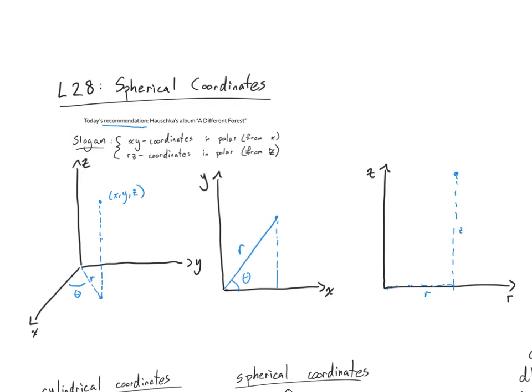The rz plane is this slice at the angle theta from the x-axis, so along that plane I'm trying to describe what's going on. The way we do spherical coordinates is we do polar here, but polar from the z-axis.